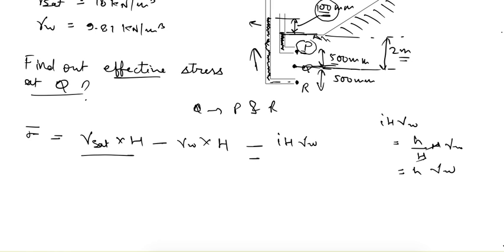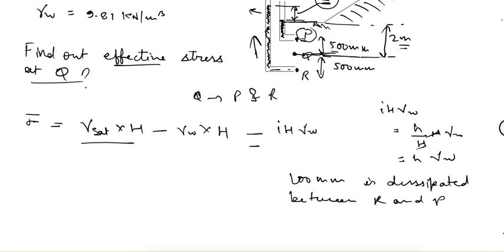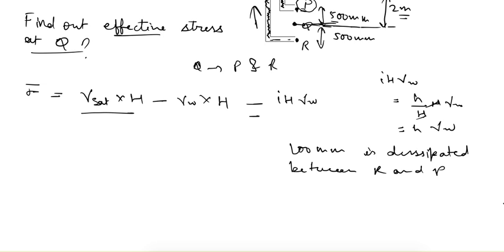So a head of 100 mm is dissipated between R and P, and this point Q is between R and P. The head loss up to this point will be h L equal to total head, that is 100 mm, which is 0.1 meter, divided by the length of flow, that is 500 plus 500, the total length of flow is 1 meter, times the length up to this point, that is 0.5 meter.